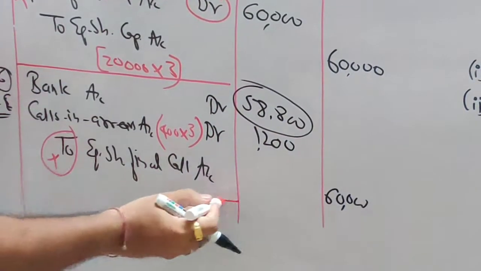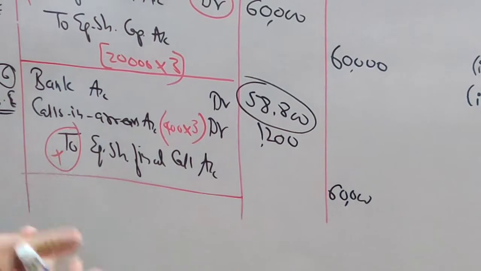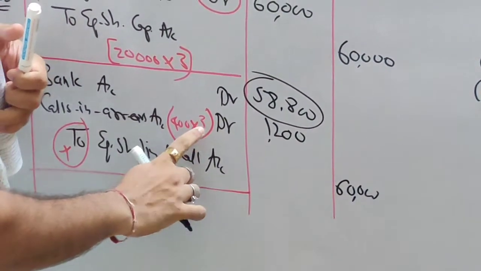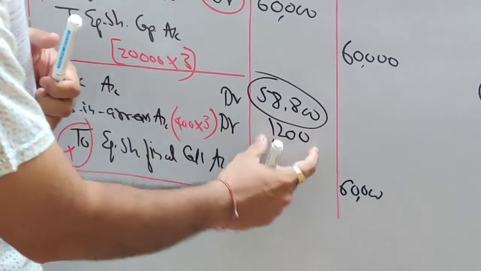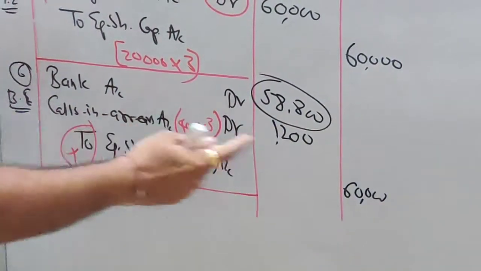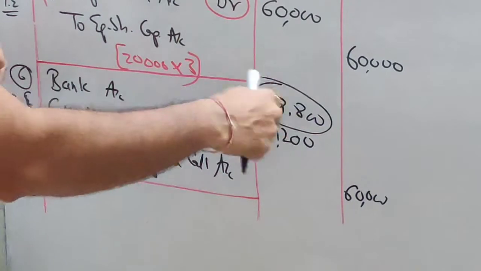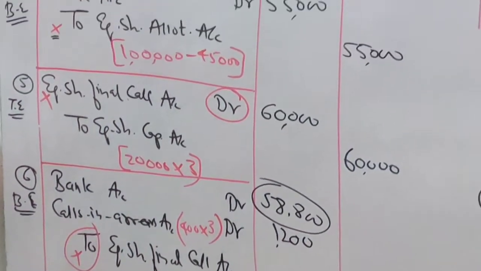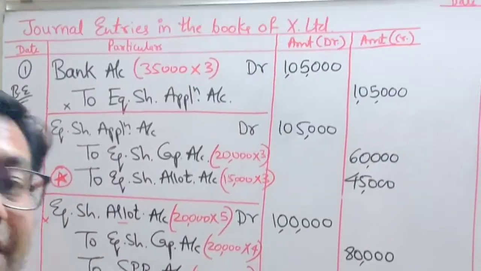So this is what we have received from the remaining shareholders. Only one shareholder holding 400 shares didn't pay the final call of 3 rupees. That makes up 1,200 in arrear. Rest all money we have received. The balancing amount, you take it for bank, put it in the bank account. So this is how you will solve a pro rata sum.